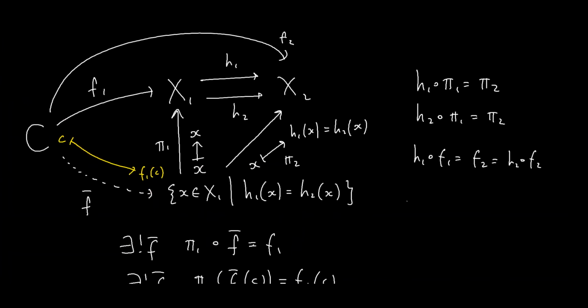So is it then true that h1 of f1 of C equals h2 of f2 of C? That must be true for every C, so that I can actually build this map f bar. Would anyone like to help me figure this out, whether this is true or not?